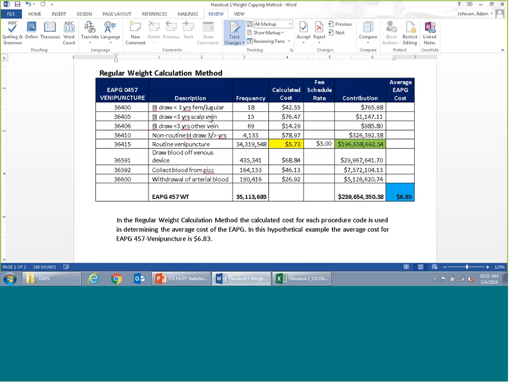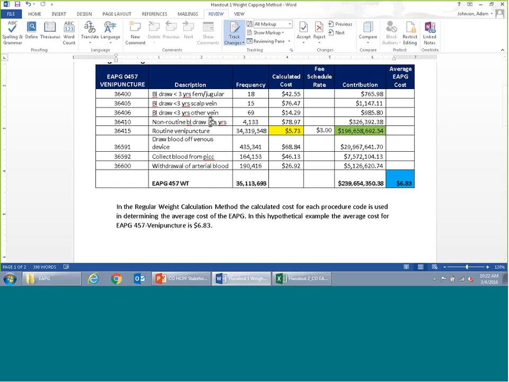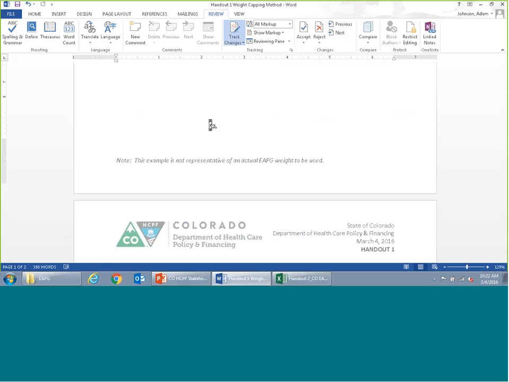And that being the case, even though some of these numbers are obviously a lot higher than $6, because the majority of the instances of this EAPG are that 36415, it has more of a weighted influence on the average. So that's why that number may seem a little bit off when you think about averages at first, but that's the reason that it's like that. So then moving on to our CAP method.